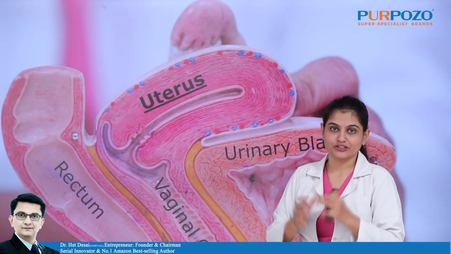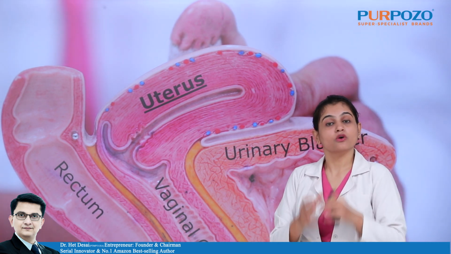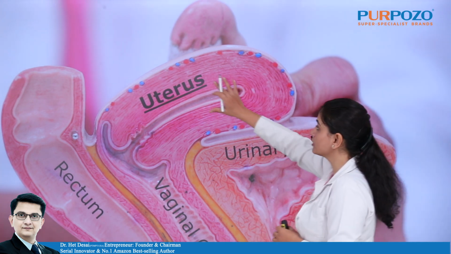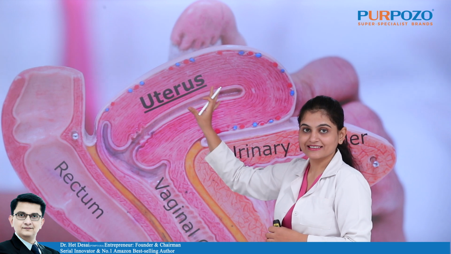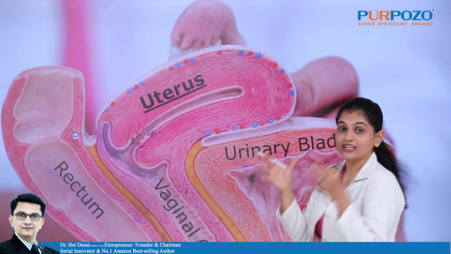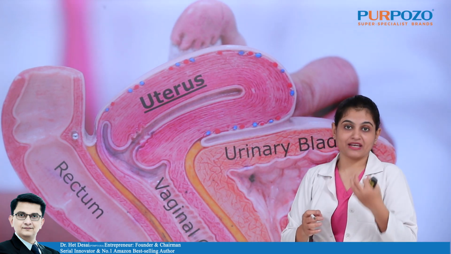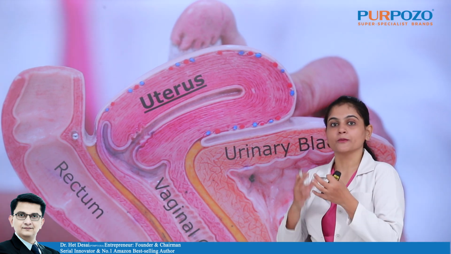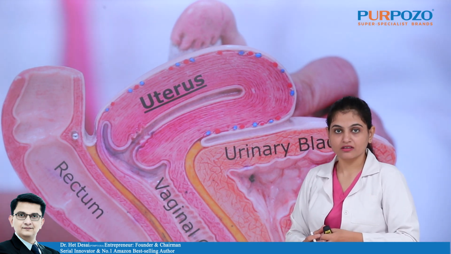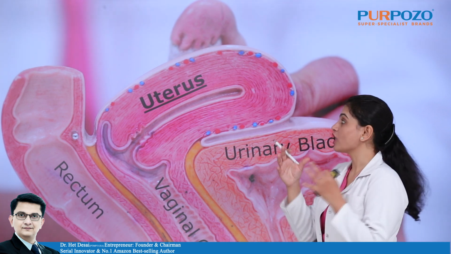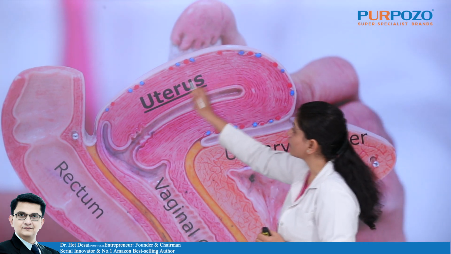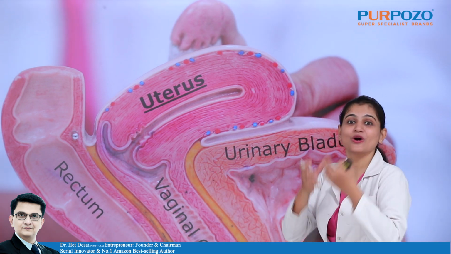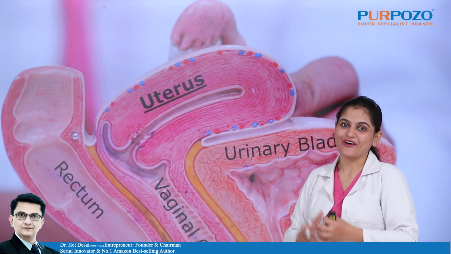All these layers have different functions. But when we talk about the major function of the uterus, it is to contract and relax. The uterine contractions which a female feels during periods, pregnancy and childbirth are basically the contractions of your uterine muscles. So, yes, the uterus is also a muscular organ.